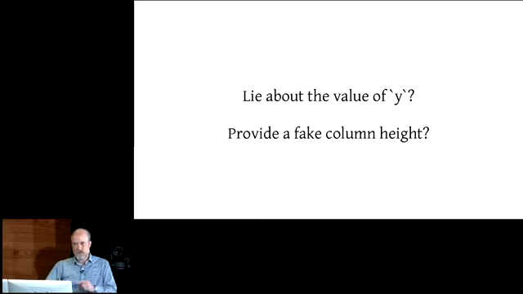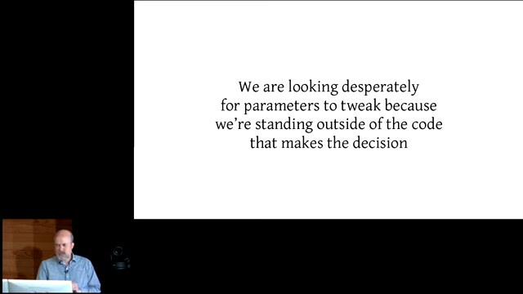But then I'll have to go and fix all the line objects it returns to be back up where they belong on the page. I could make a fake column object instead of the real column object that's a little shorter than normal, and thus force the routine to move to the next page early. We are looking desperately for parameters to tweak. Why? Because we're standing outside of the code that makes the decision.